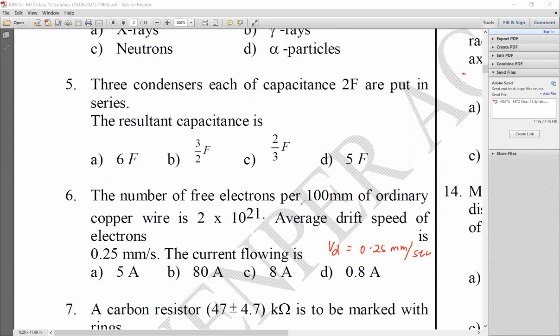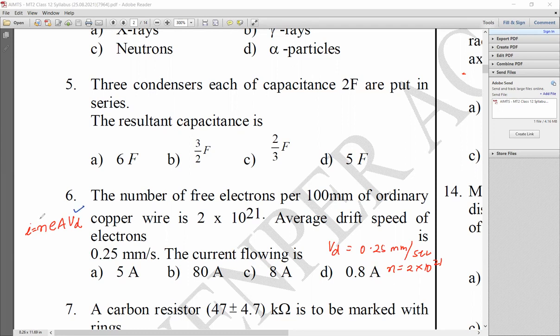Now n is given. Number of free electrons is given 2 into 10 power 21. I want current. Current is what? N E A VD. VD is drift velocity.